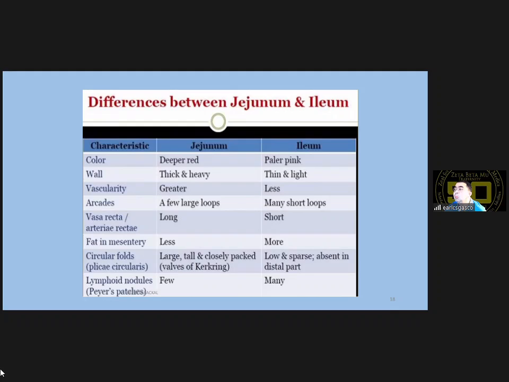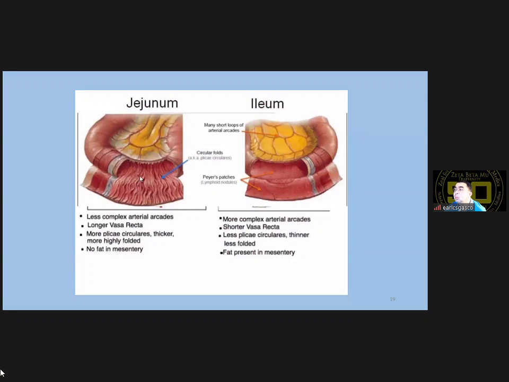Again, grossly, here are the closer packed circular folds in the jejunum. However, we also note the more abundant nodular structures in the ileum, which are the Peyer's patches. There is less fat, the yellow thing, in the jejunum compared to the ileum, and longer vasa recta compared to the shorter vasa recta in the ileum.